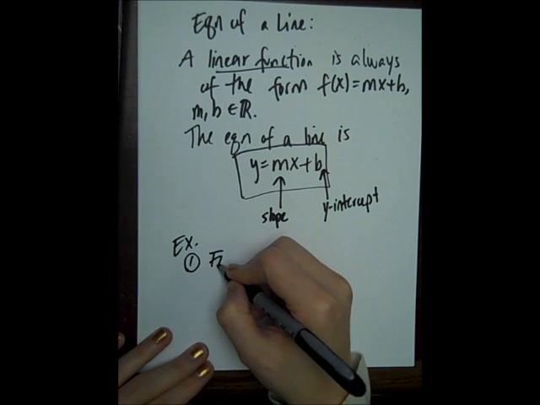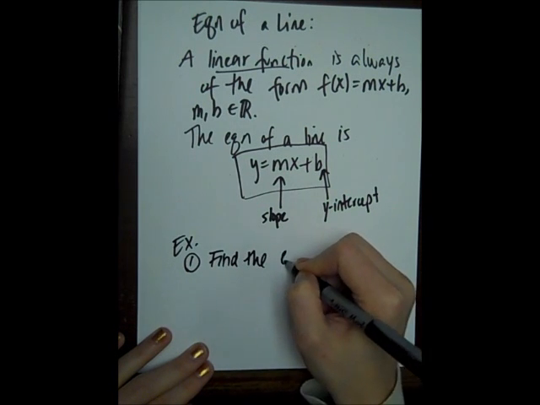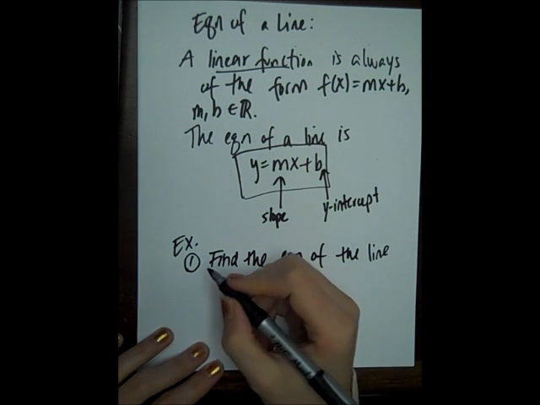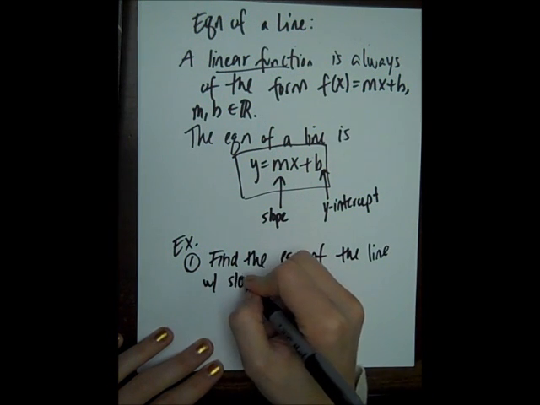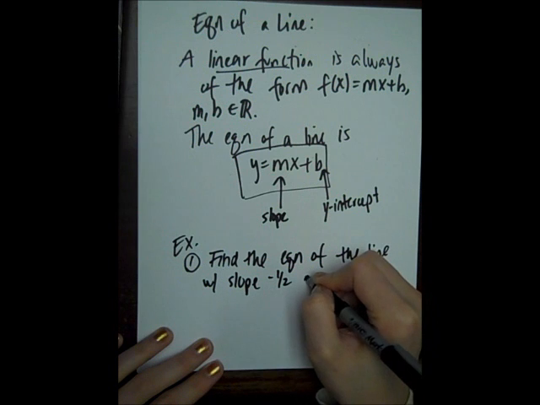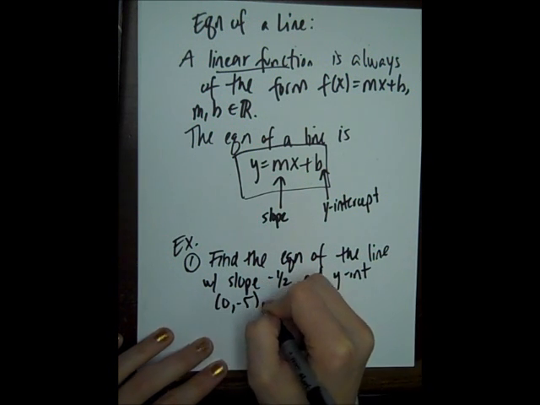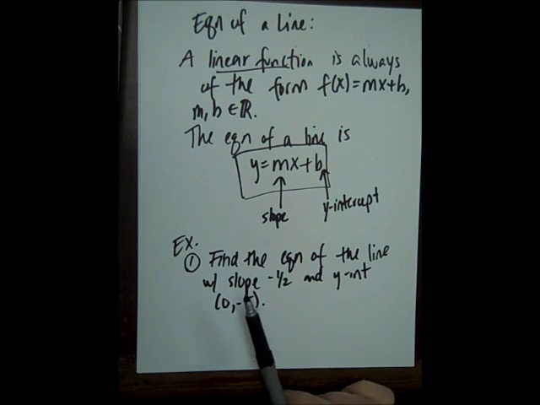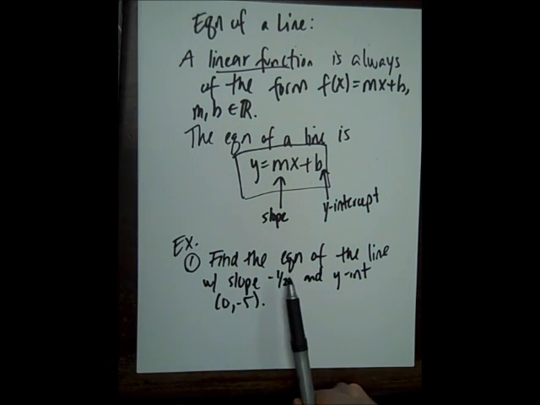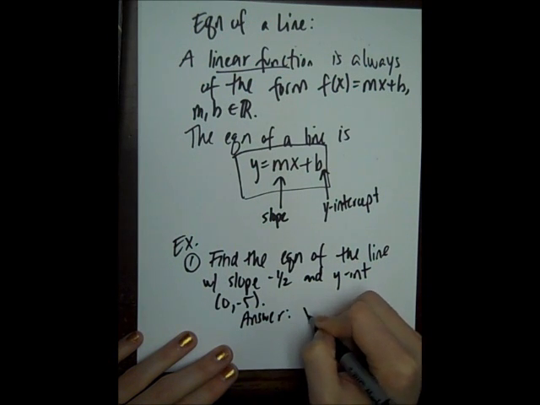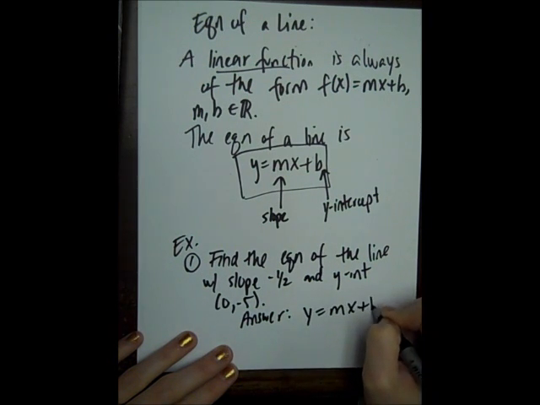Number one, let's find the equation of the line with slope -1/2 and y-intercept (0, -5). As soon as you see a problem that says find the equation of the line, our answer is going to be of the form y = mx + b.